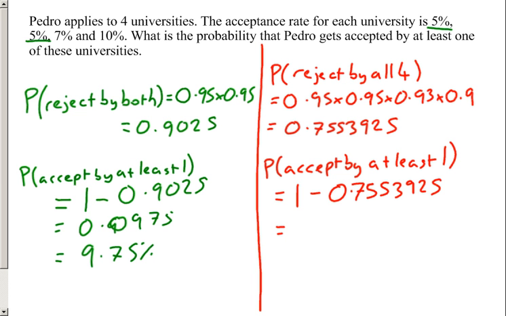And 1 minus that is equal to 0.244675, which is about 24.5%. So there's about a 25% chance that he will be accepted by at least one of those 4 universities that he's applying to.